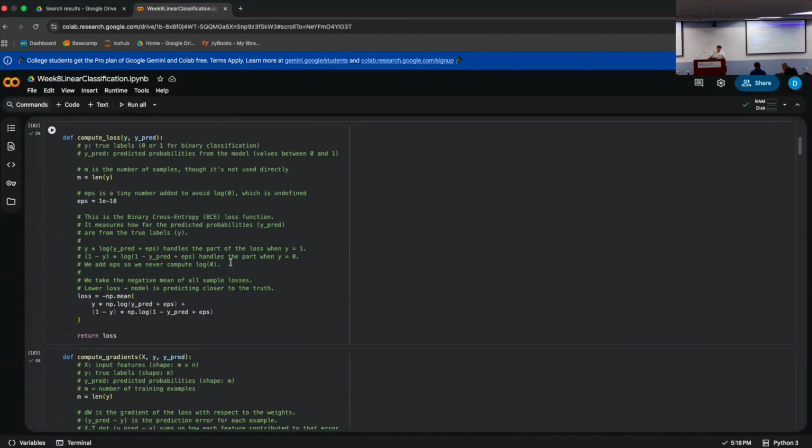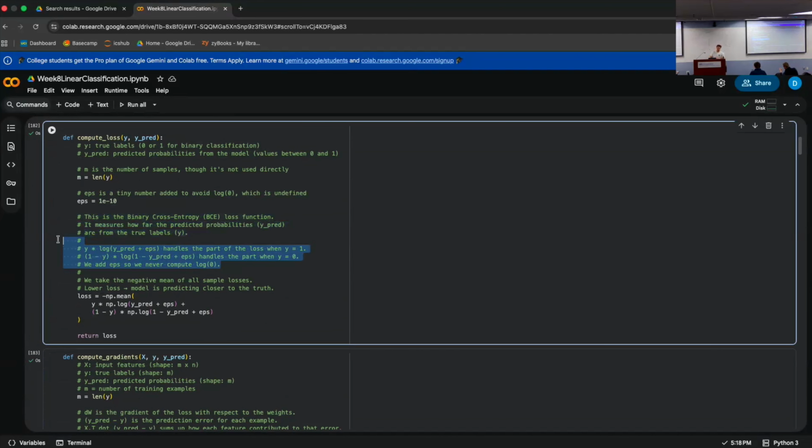I think the comments do a fairly good job of explaining it, but you have a different loss for when your value should have been 1 and when it should have been 0. If the true value came from the distribution where it was 0, you would use this equation, where you have the 1 minus in front of the y prediction. And if it came from the distribution where y should have been 1, you don't have that 1 minus, and that 1 minus is there to shift your data.